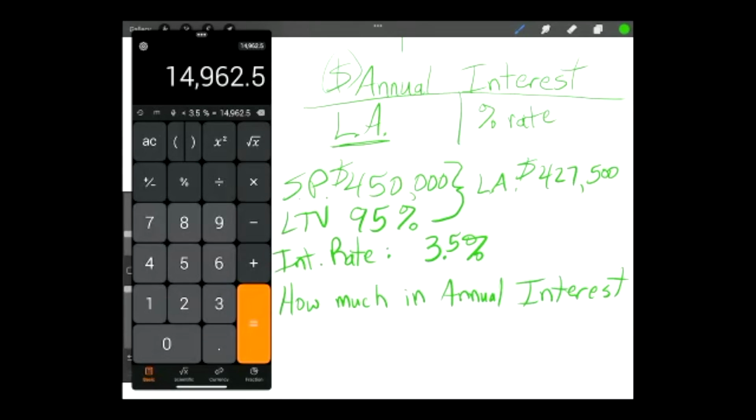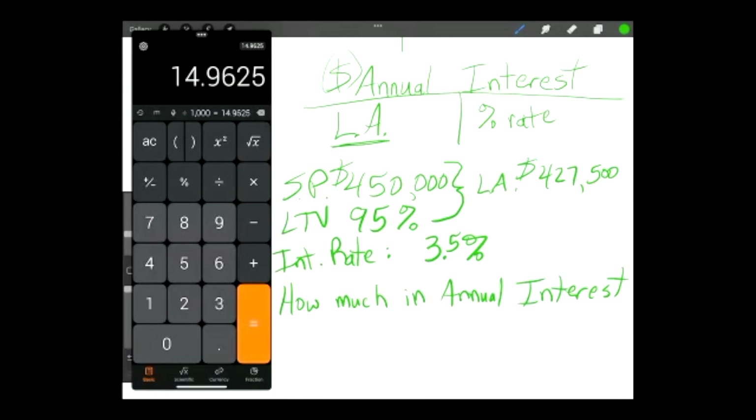So I got 14,096.25. Is that the number you got? Yes. So the divide by 1,000. Oh, you got 14 point? Okay, you divided by 1,000.